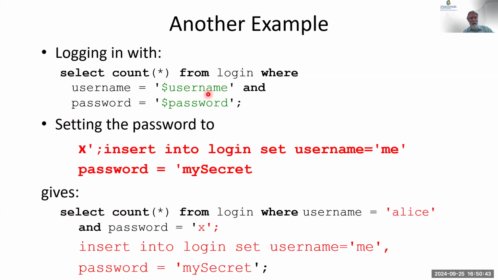We combine that with this, where the password is replaced by this mess here, and it comes out to be select star from login, or we have count, where user ID equals Alice and password equals X, insert into login, username me, and now you've inserted a new user ID into the system. You've inserted user ID me with the password that nobody else knew.